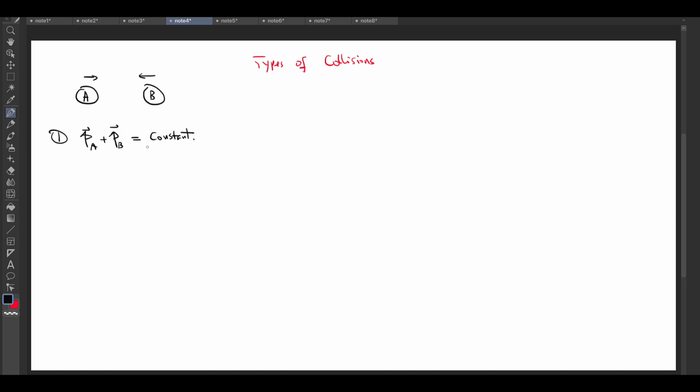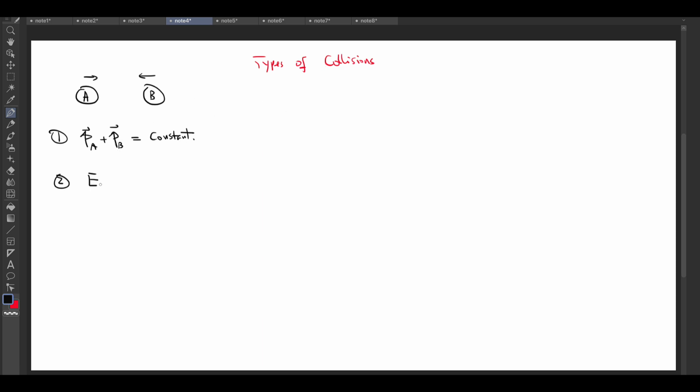Momentum is always conserved. Now the second property is the basis of dividing the collision process into different types. The second property that I'm going to discuss here is the mechanical energy. We talk about this mechanical energy in a different chapter. If you're not familiar with the mechanical energy definition, I would suggest you go there first and then return here to think about the energy description of the collisions.